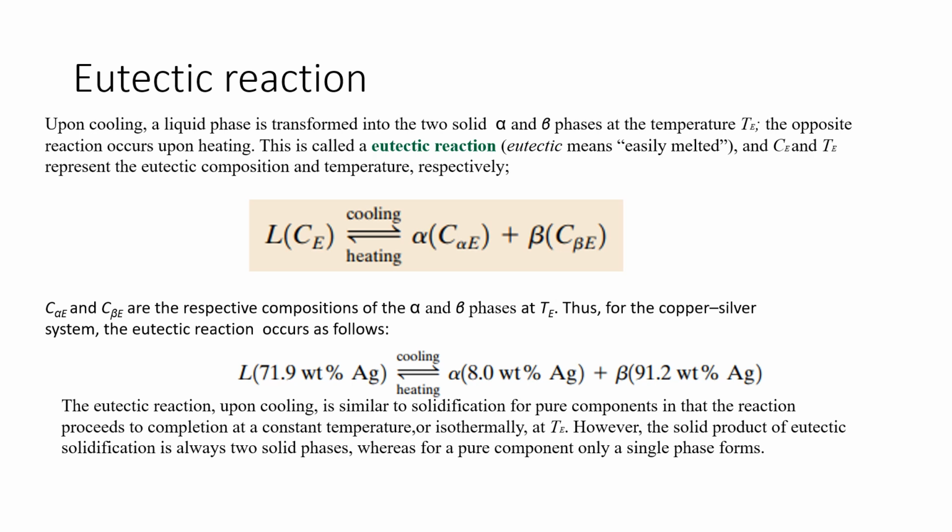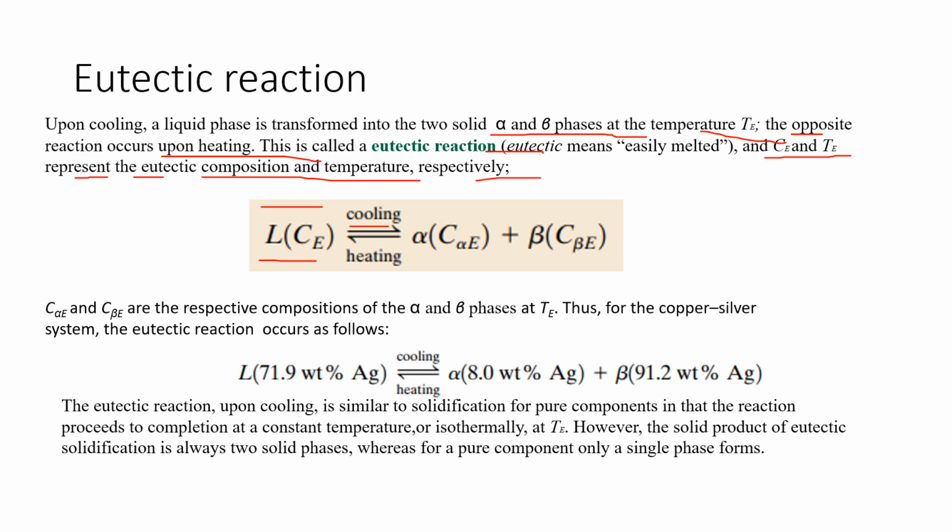Upon cooling, a liquid phase is transformed into two solid alpha and beta phases at a temperature TE. The opposite reaction occurs upon heating. This is called the eutectic reaction. Eutectic means, as already discussed, easily melted. And point CE and TE represent the eutectic composition and temperature.